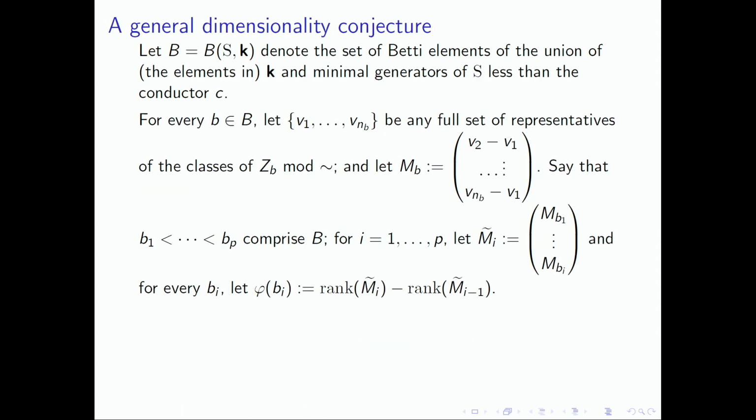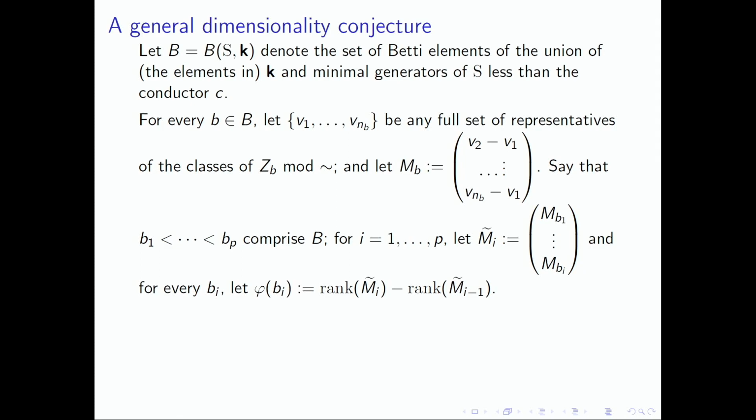If we now take a full set of representatives of equivalence classes of a given Betti element, we form some kind of matrix. And then we have to compute jumps in matrix ranks. Here V1 is just an arbitrary reference vector, and then we have to compute its rank.